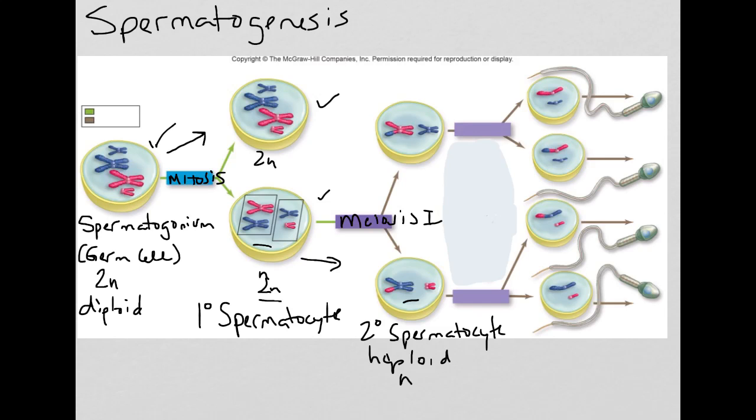Okay, then we go through meiosis 2. I'm going to abbreviate it M2 just because I don't have a lot of space here. So in meiosis 2, the sister chromatids are separated, and we end up with 4 unique daughter cells.